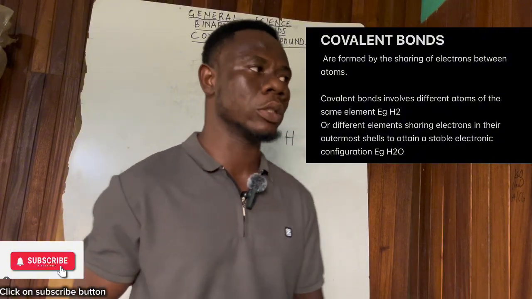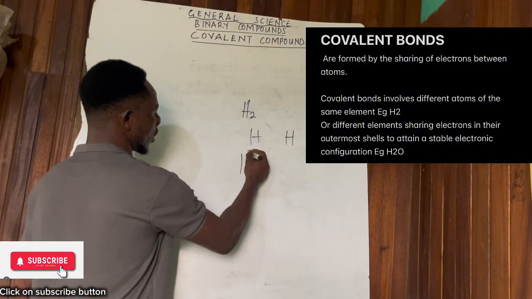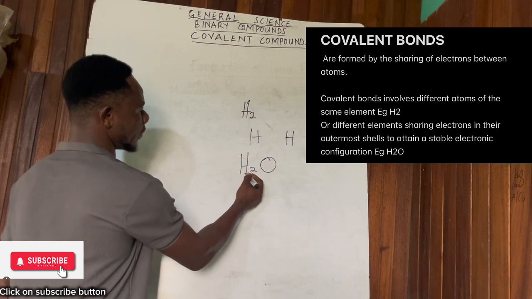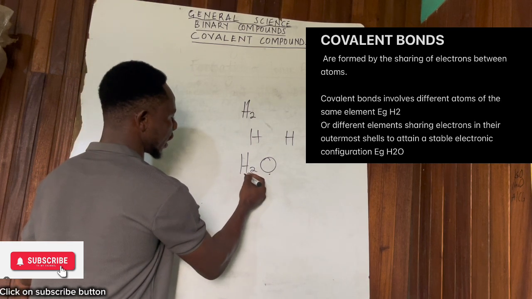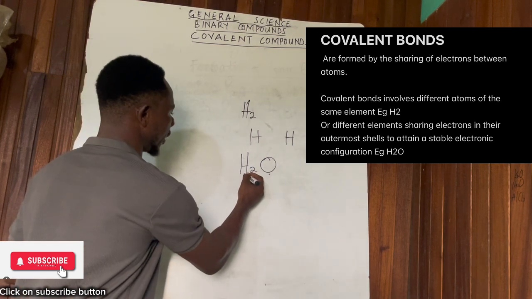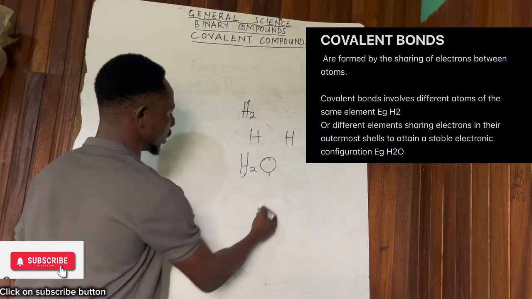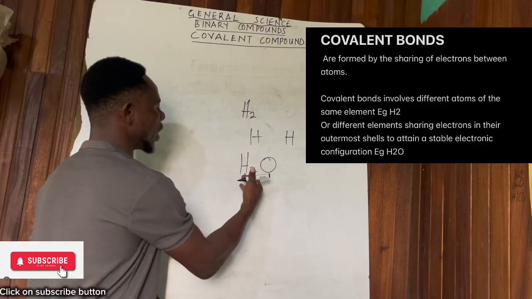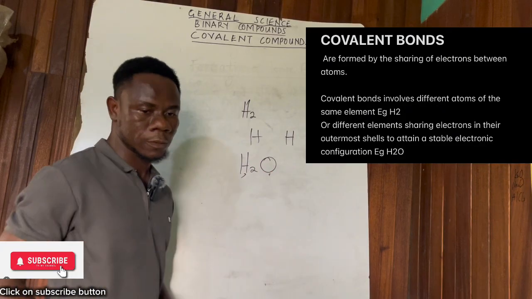An example of this is H2O. This is a different element, and this is also a different element. So this hydrogen and this oxygen form what we call covalent compounds.